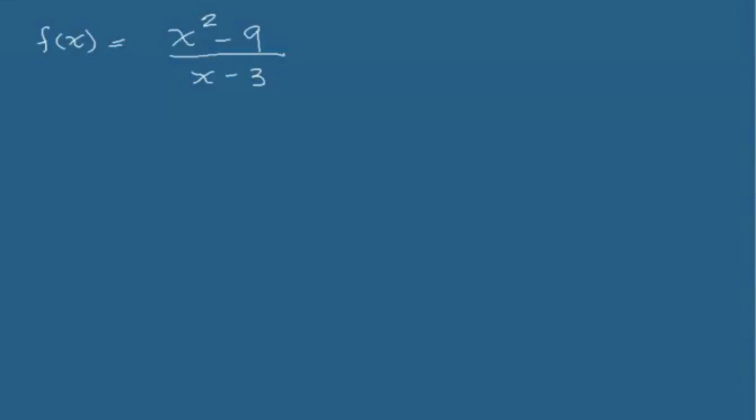If x is equal to 3, our function will be 0 over 0, which is indeterminate. So it is discontinuous at x equals 3.